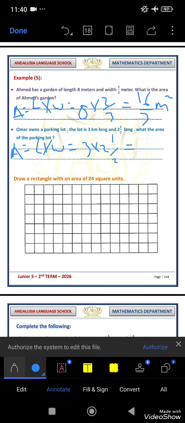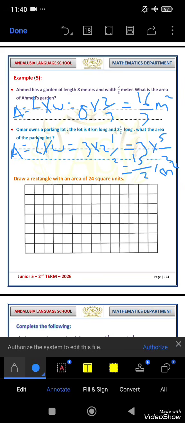So equals 3 times 2 times 2 is 4 plus 1 is 5 over 2, equals 15 over 2, and the unit is kilometer square.